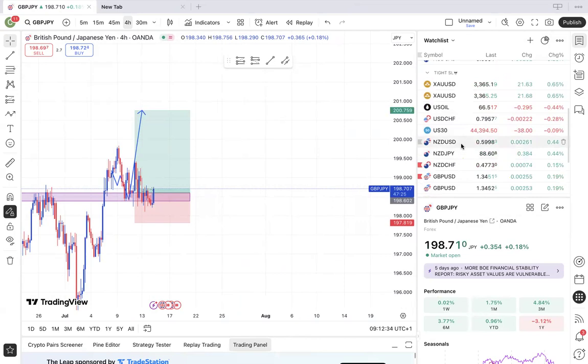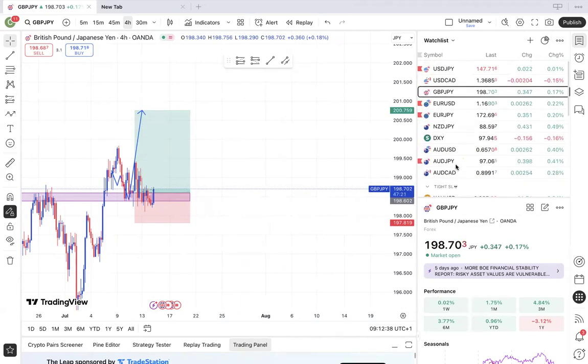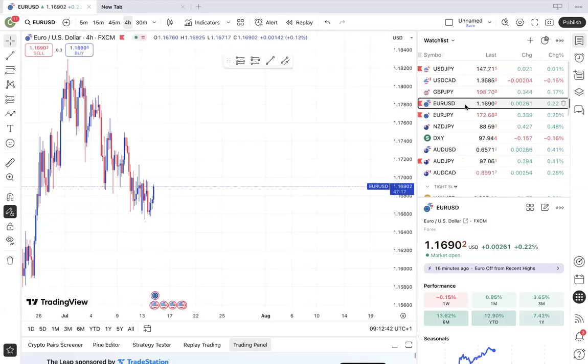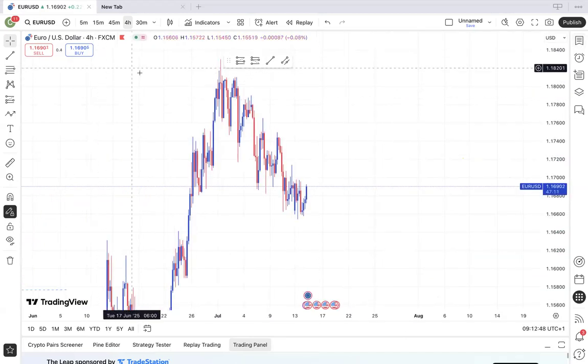So the last pair that we'll be looking at, if possible, would be Euro USD.